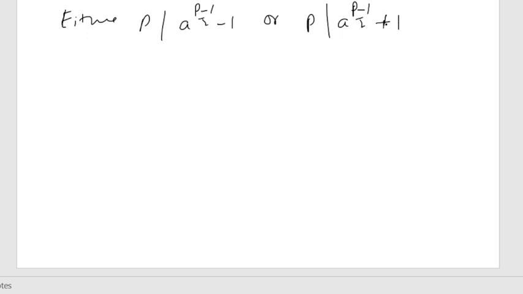So we can claim that either p divides a to the power (p minus 1) divided by 2 minus 1, or p divides a to the power (p minus 1) divided by 2 plus 1. The claim is that p either divides this number or this number. p cannot divide both the numbers simultaneously.